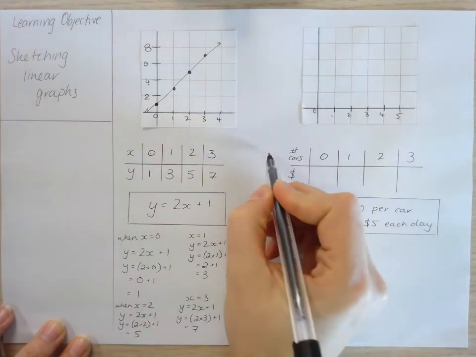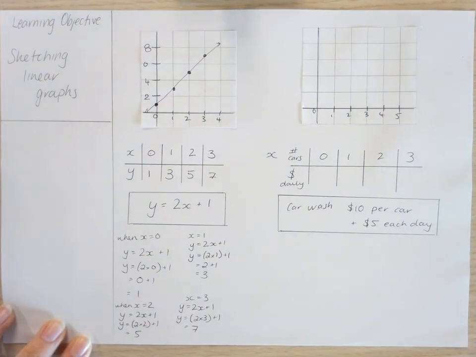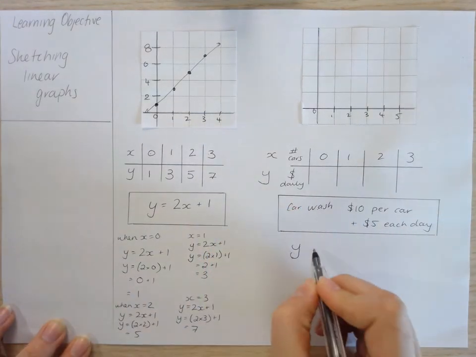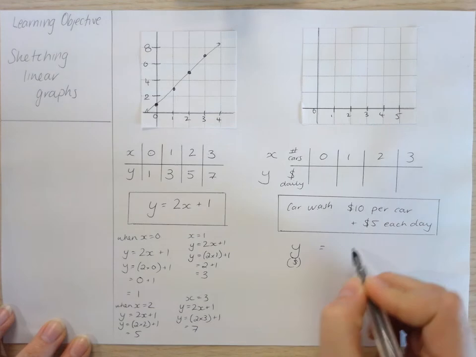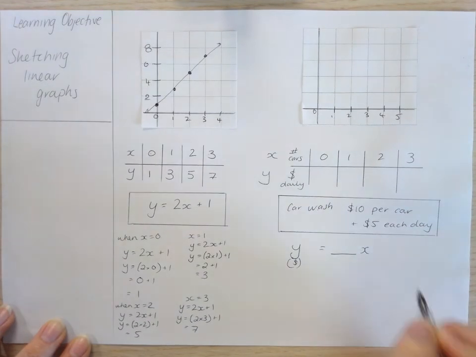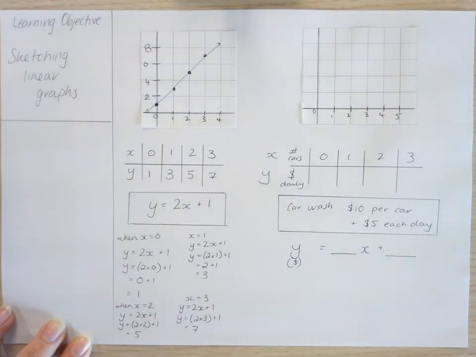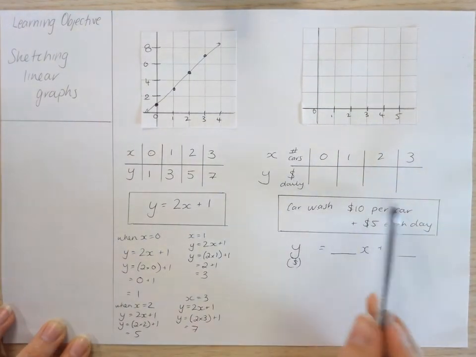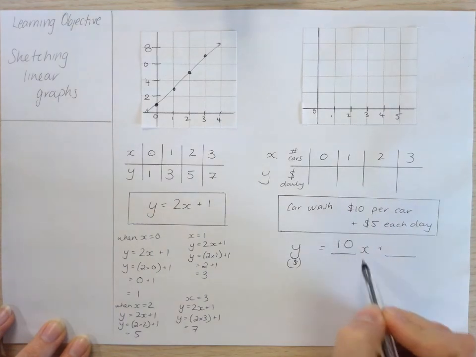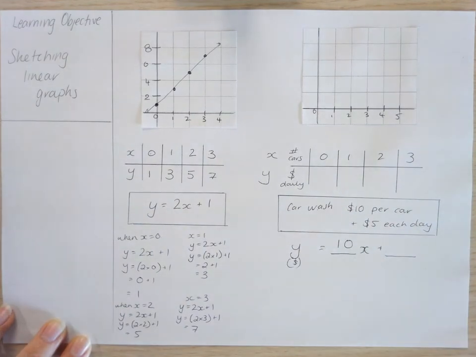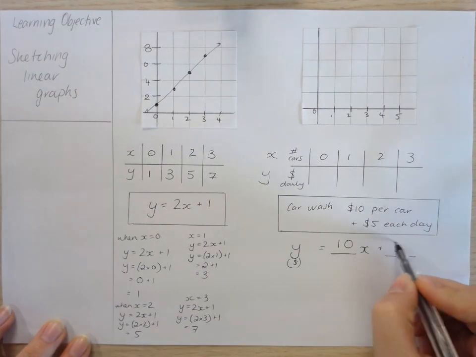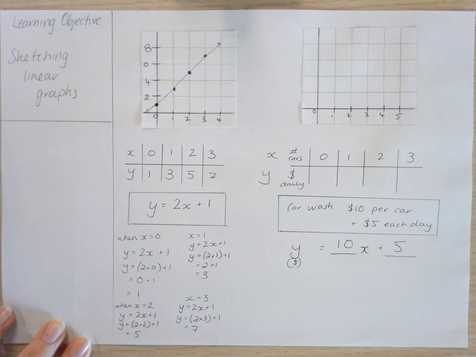Let's let x equal the number of cars we wash, because that's the one that's going to change, and our dollar value will be y. So how much money will I make each day if I wash a certain number of cars, plus I am getting a certain amount of pay? So using this information, we know we're going to earn $10 per car, our car being x, and we are going to make $5 on top of that as well, just for showing up.